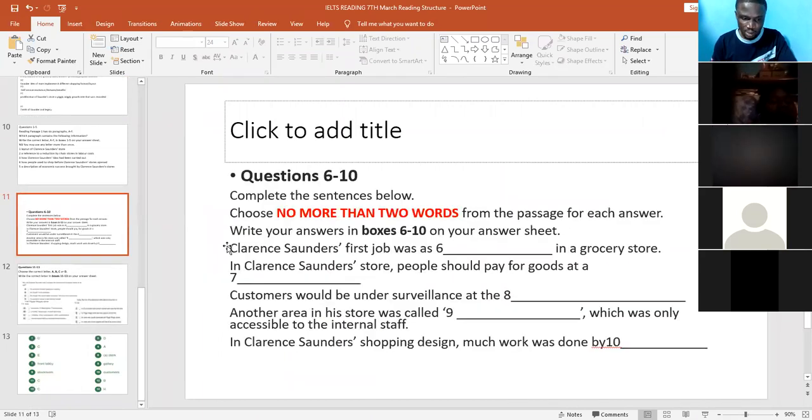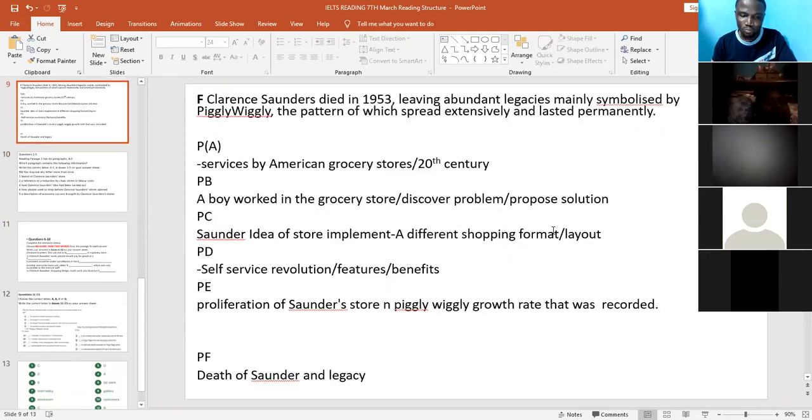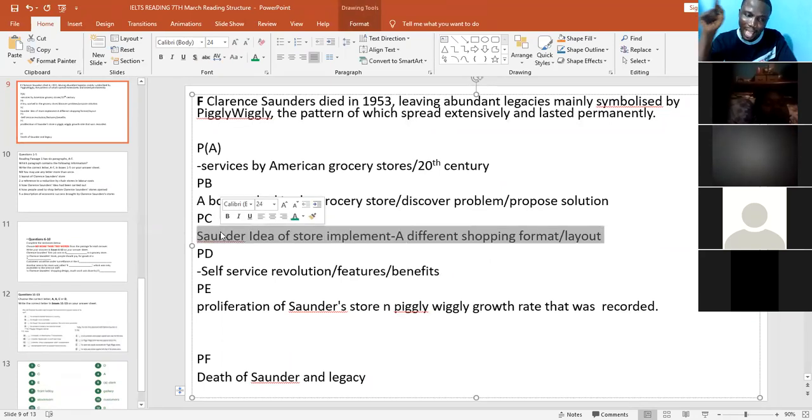Look at question 7. In Clarence Saunders' store, people pay for goods at dash. Where was his store mentioned? In what paragraph? In his store, paragraph C. That's where you're going to look for that answer.